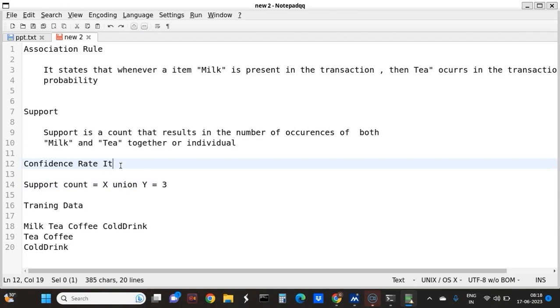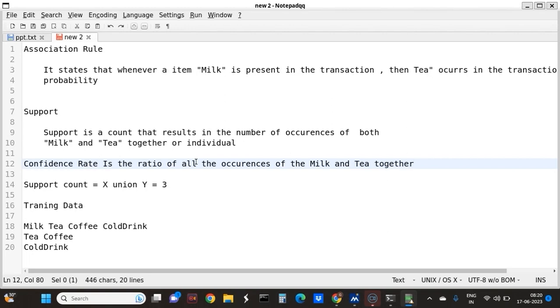Confidence rate is the ratio of all the occurrences of milk and tea together.